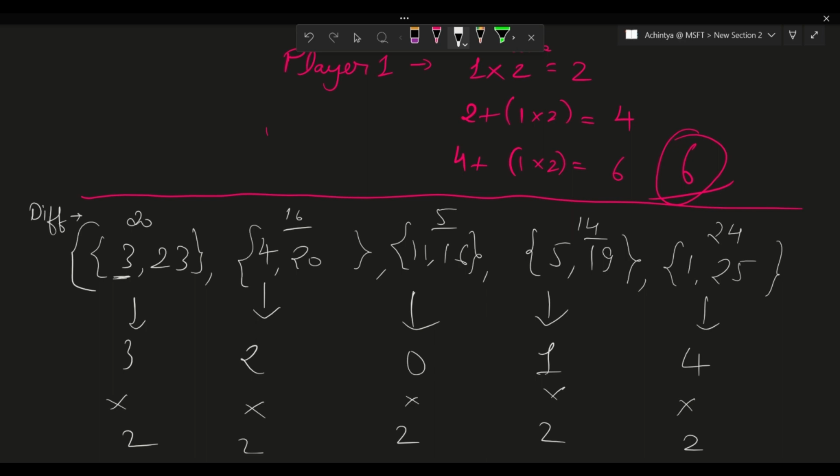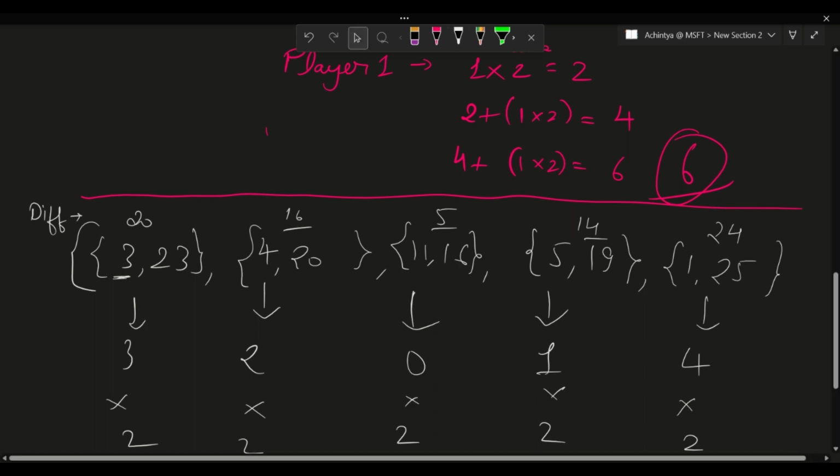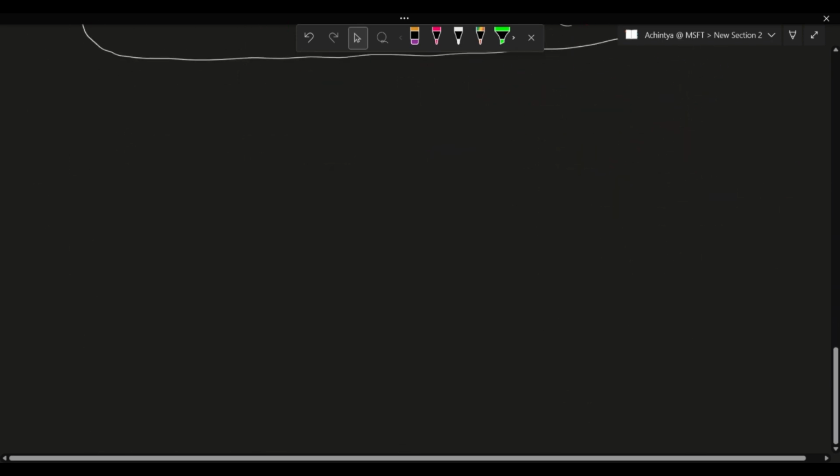Count became 2, 2 into 2. 5 is greater than no one, so 0. 14 is greater than 1, 1 into 2, 2. 24 is greater than all, that is 4 into 2, 8. Simple. This can be one logic. One more logic can be with the second part of each player: 23 is greater than how many numbers, again into 2. That's three logics. You just need to go with one logic. So okay, fine.